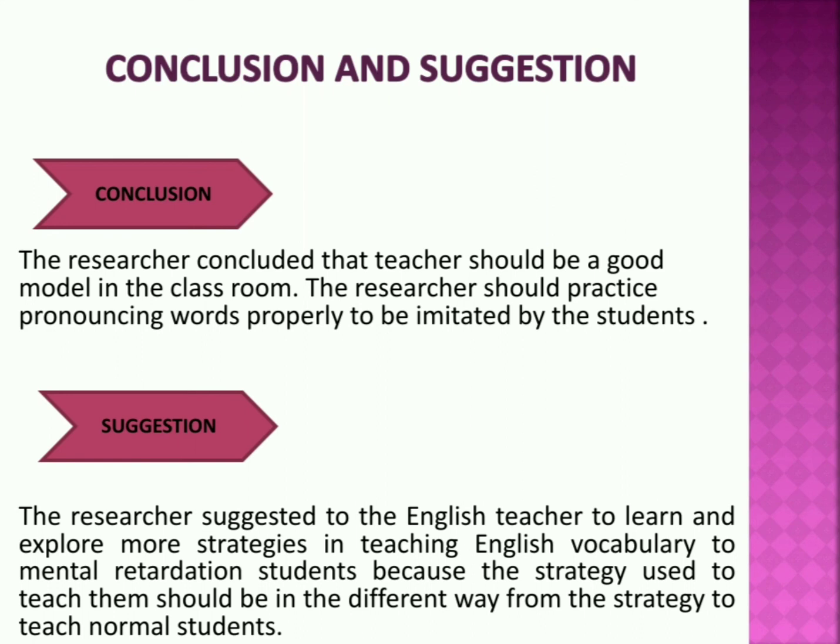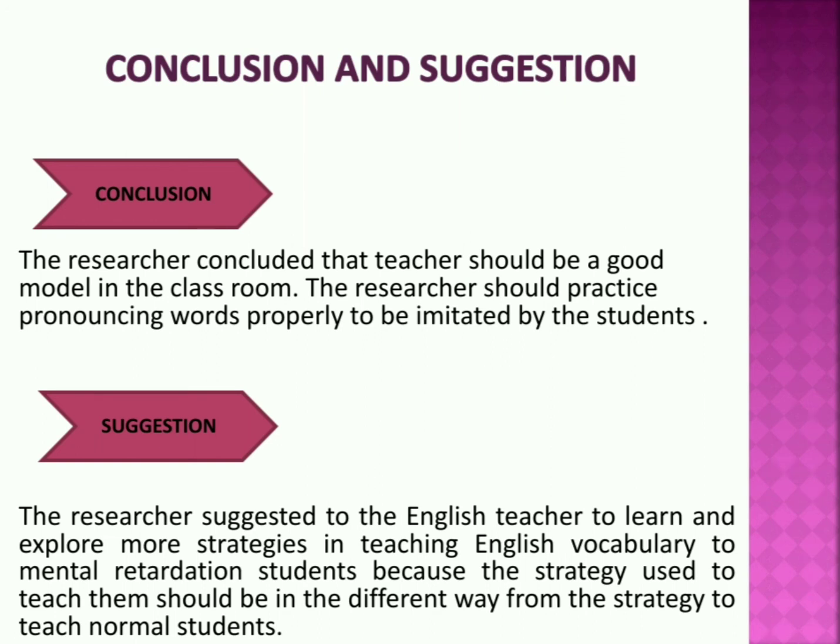Conclusion and suggestion. Conclusion: the researcher concludes that the teacher should be a good model in the classroom. The teacher should practice pronouncing words properly to be imitated by the students.